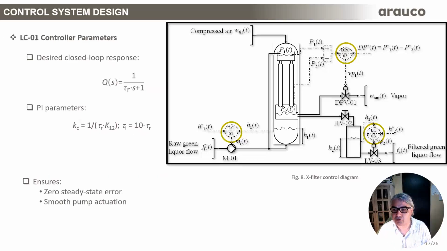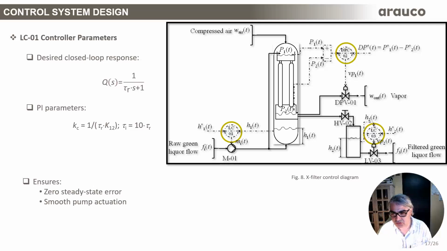Now, by enforcing a first-order closed-loop response, the PI parameters are analytically obtained. The integral action ensures zero steady-state error, as maybe you know, while the proportional gain shapes the transient behavior, basically. This results in a well-behaved and industrially realistic level control loop.